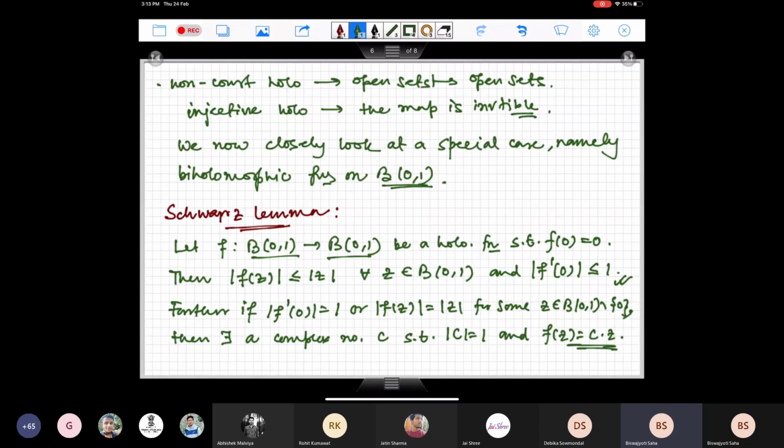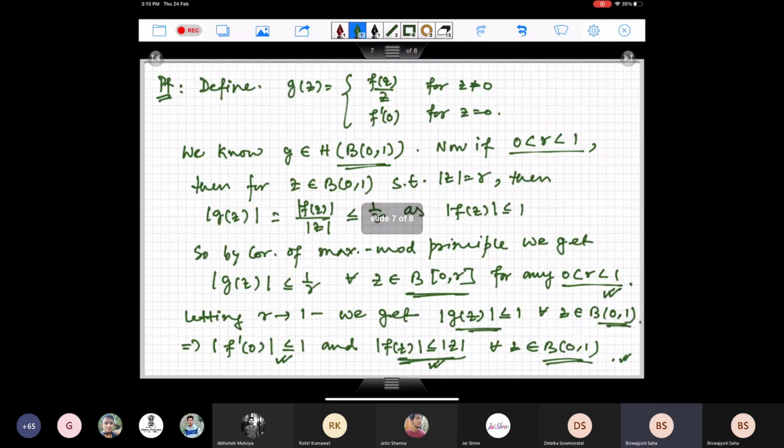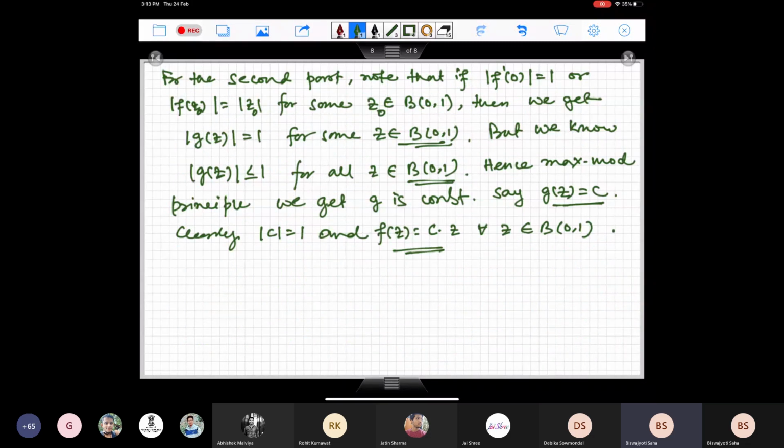Okay. So of course here I have taken a function which takes the value 0 at the point 0. But if I just want to imagine holomorphic functions on this open ball B(0,1), then I could as well have 0 at some other point also, right?